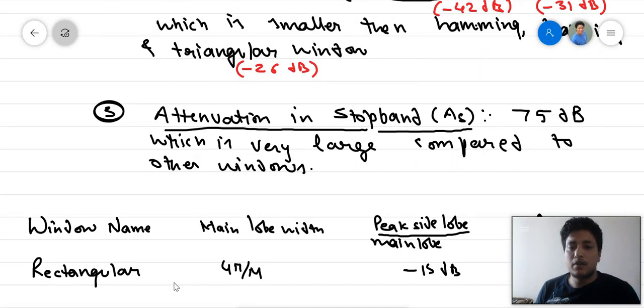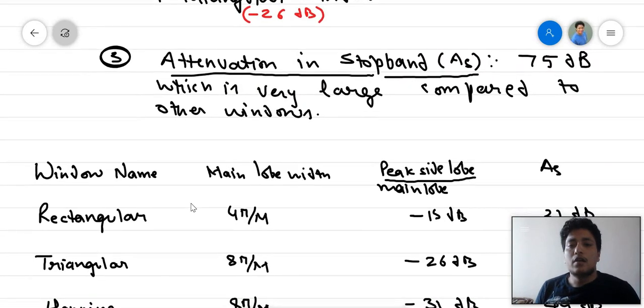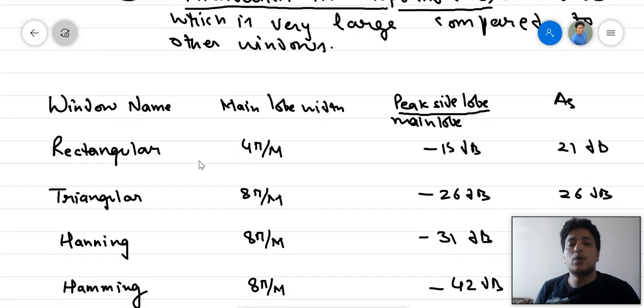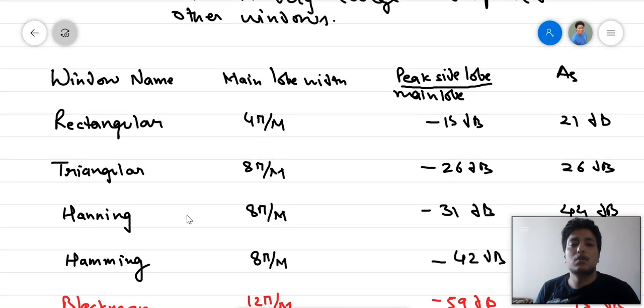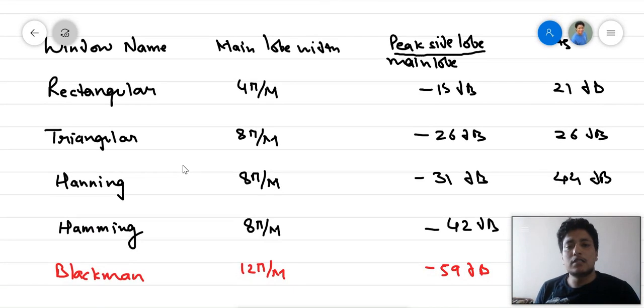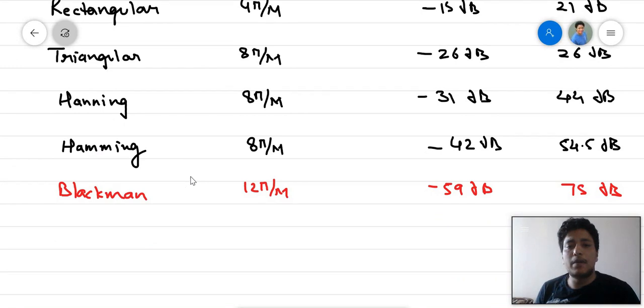The comparative table is here, where the rectangular, triangular, Hanning and Hamming windows' details we have already seen in the last lecture. We have now included the Blackman window.